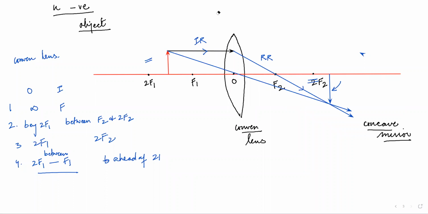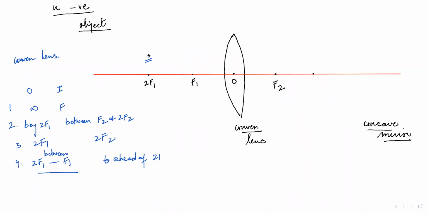So the last case, students, what is the last case? Tell me anyone. Last case is, the object is between F1 and O. Remember, we were a little stuck when we were doing concave mirror also.